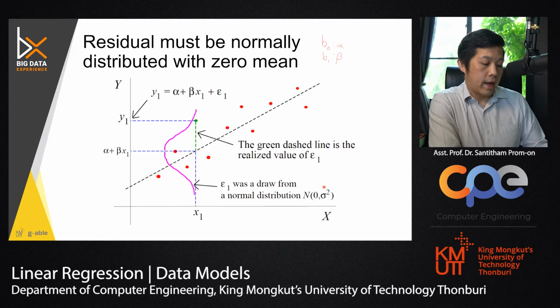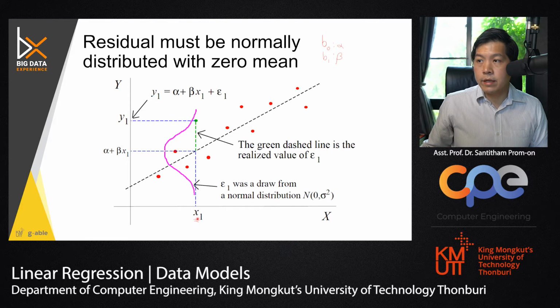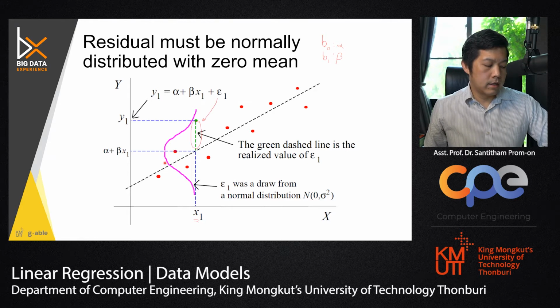Then what would you have, right? From the equation, if you have a value of x1 here, plugging it into the predicted equation, the line equation, is like you project the point up to the line, and then you would get the value equal to alpha plus beta x1 in this case. And this is the line that you got. Now, this green bar indicates the remaining residual.